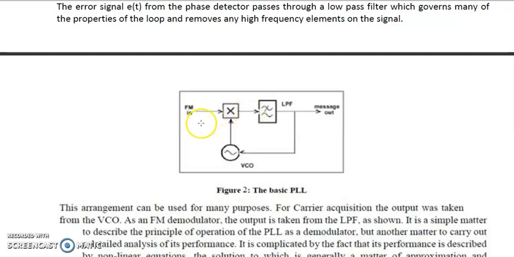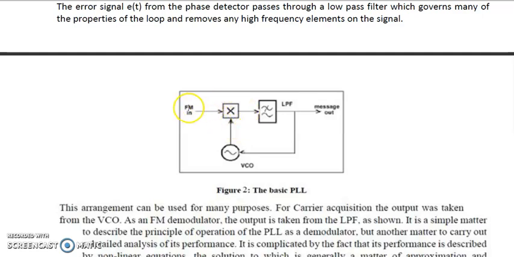Now, this frequency modulated signal, as we know, has a continuously varying frequency. In case 1 we assumed that the frequency of this signal has the same phase as the output of this block, which is the voltage controlled oscillator. If both frequency and phase are the same, then the error is 0.